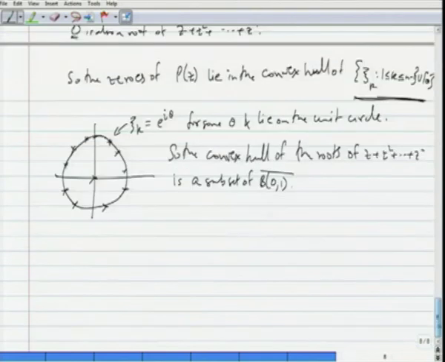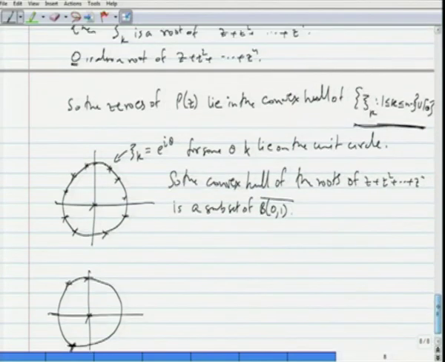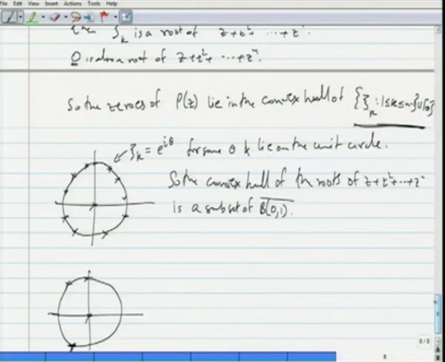So, if n equals 3 for example, we are looking at the third roots of unity, and when you forget 1 itself, okay, when you have this and 0, okay, the roots of z plus z squared, okay, when n is equal to 3, we have z plus z squared plus z cube. Okay.